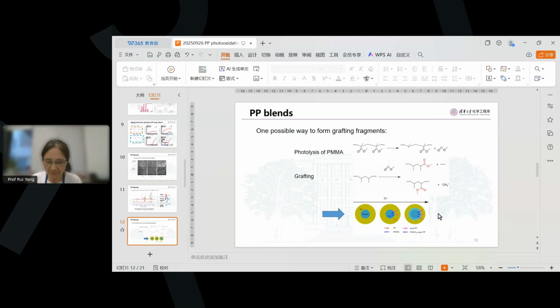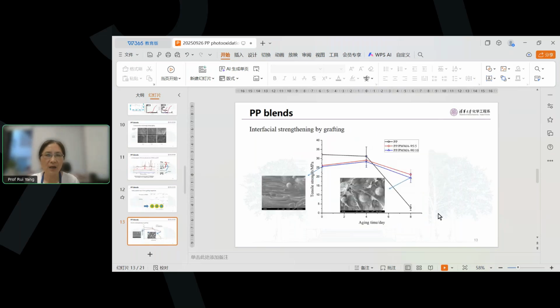So the improved interfacial compatibilization helps to increase tensile strength to some extent. Generally, we expect the deterioration of tensile strength during aging.